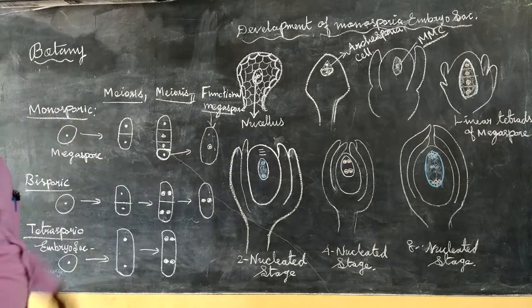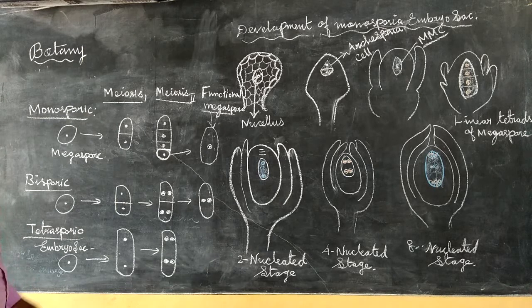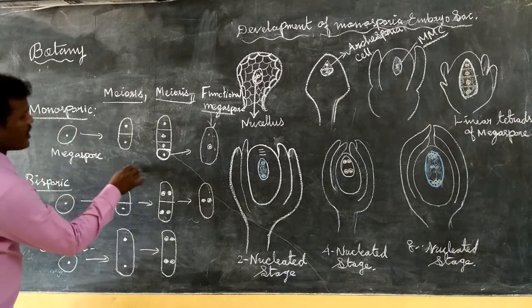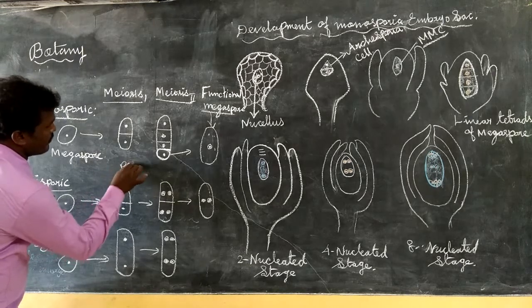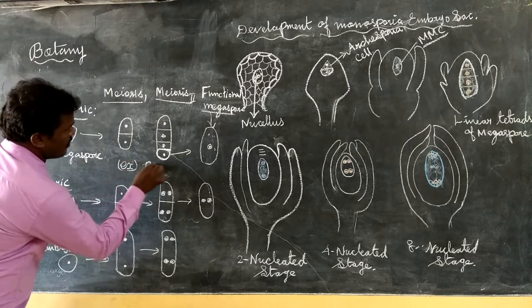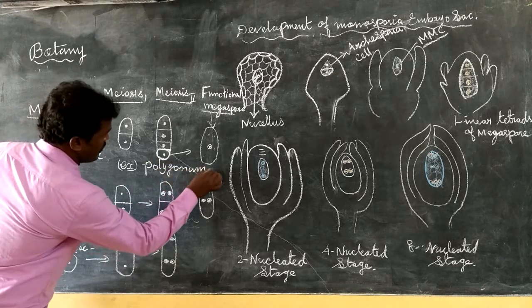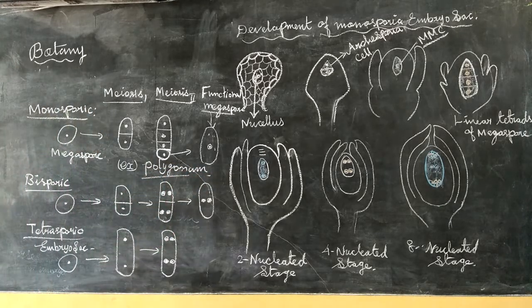Therefore, it is called a monosporic embryo sac. An example is Polygonum, a knotgrass plant. In the Polygonum genus there are 130 different species. So this is the example for the monosporic embryo sac.